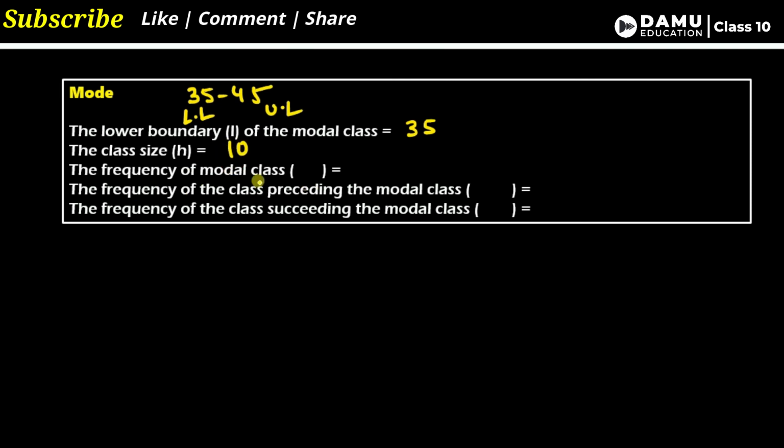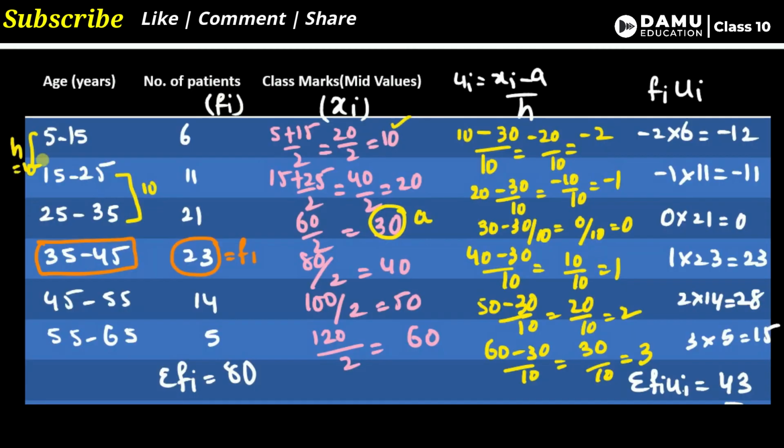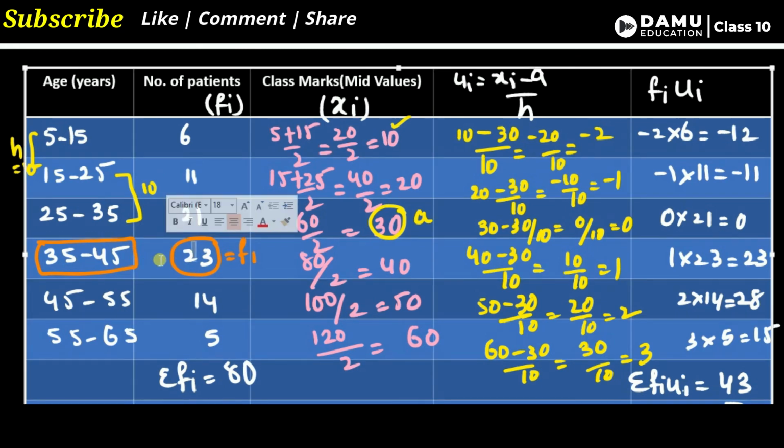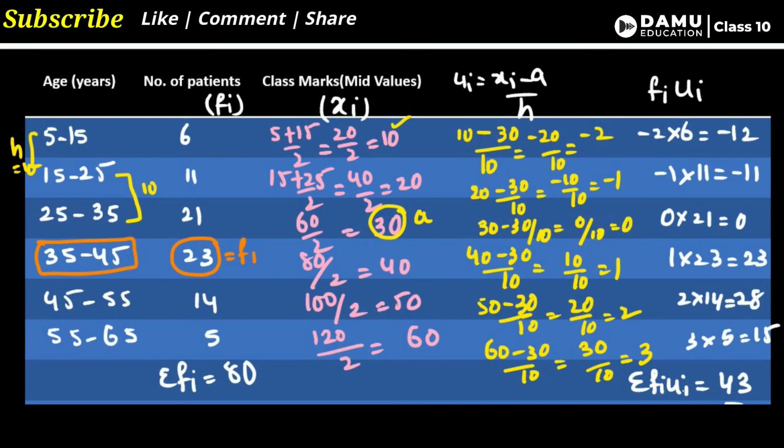Then the frequency of the modal class, we can take F1. The frequency of the modal class, as we already know, is 23. Then the frequency of the class preceding the modal class. Here the modal class is 35 to 45, and the preceding class frequency is 21.